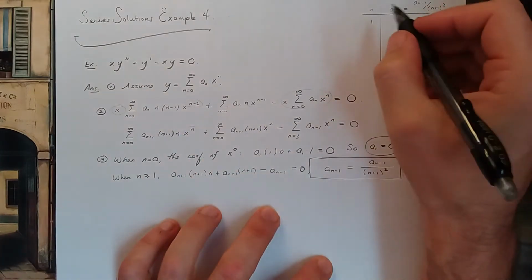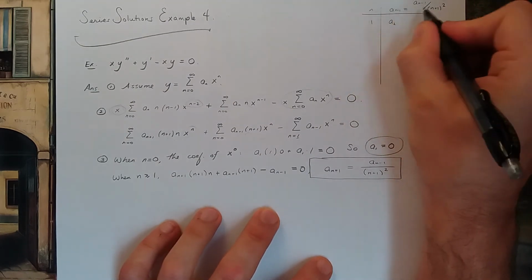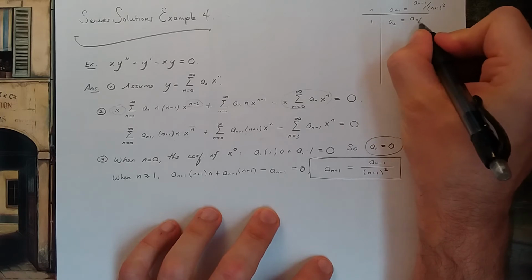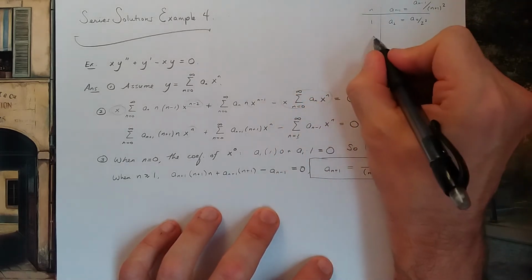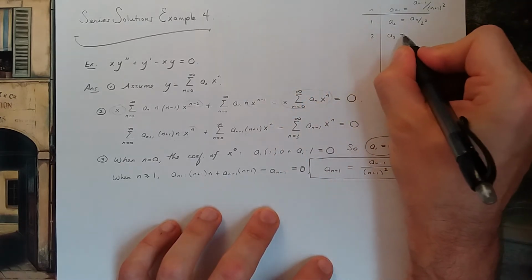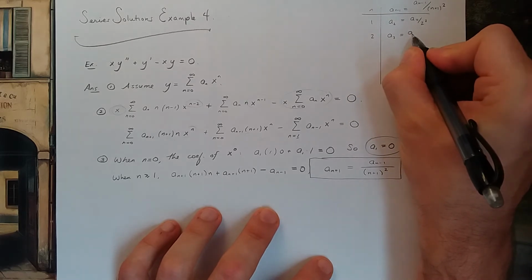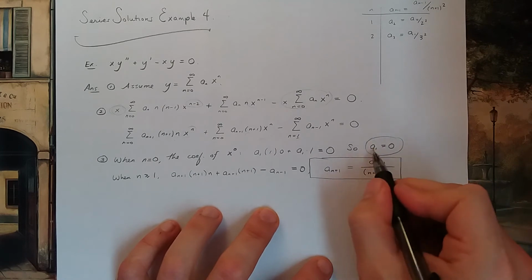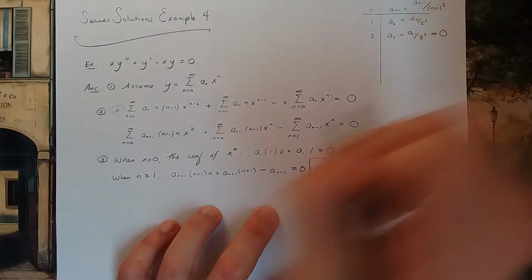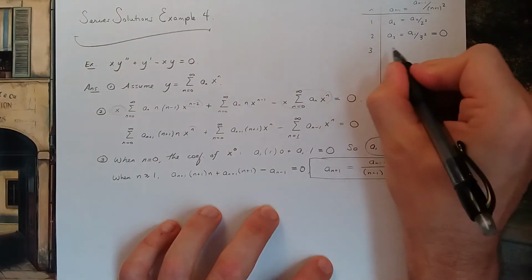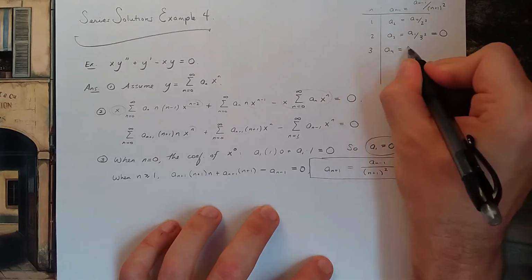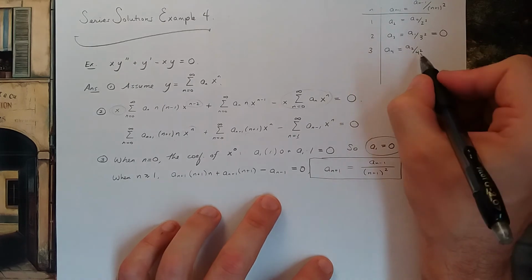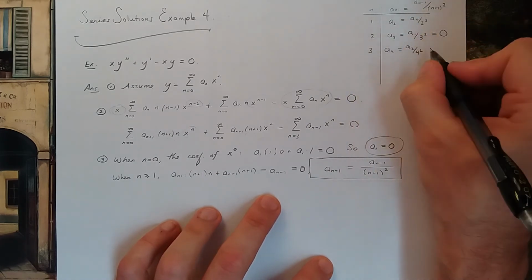If n is 1, this relationship says a_2 is a_0 over 2 squared. If n is 2, I get a_3 is equal to a_1 over 3 squared, but we already determined a_1 was equal to 0, so this is just 0. n equals 3 gives me a_4 is a_2 over 4 squared, but I already found a_2 two rows above.